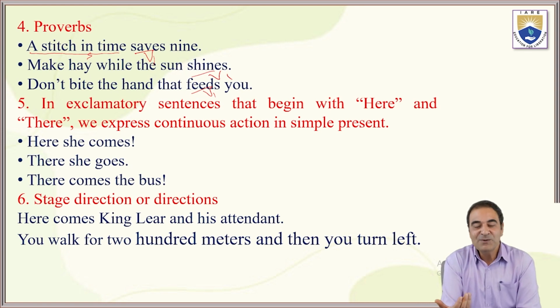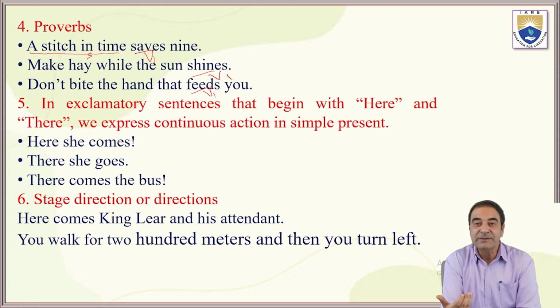Or to make it simpler, in place of present continuous tense, we use simple present tense. But the condition is, if an exclamatory sentence starts with here and there, although the action is continuous, we don't use continuous tense.